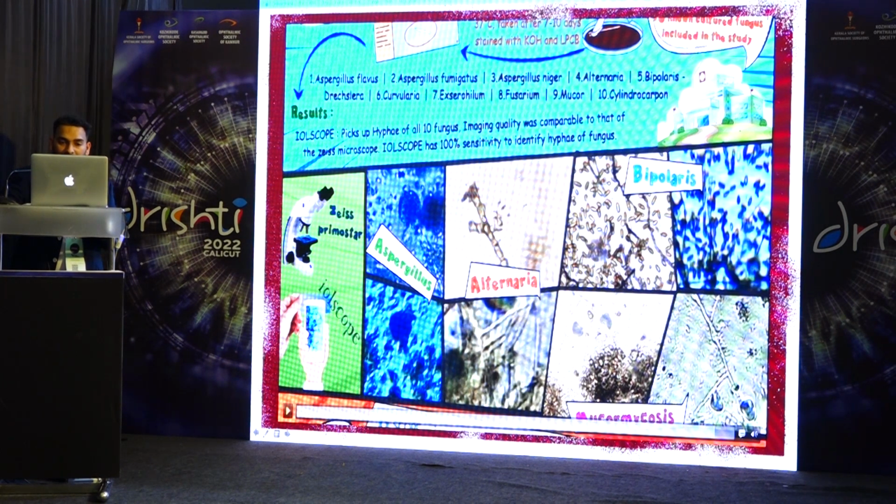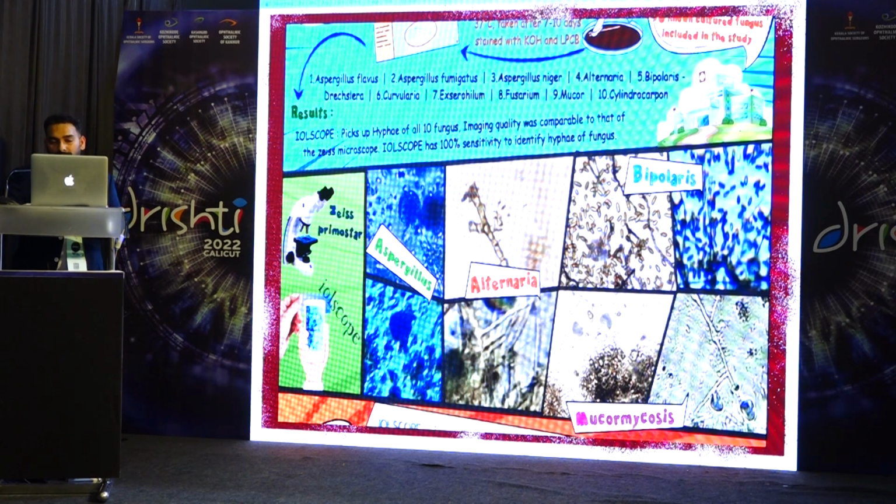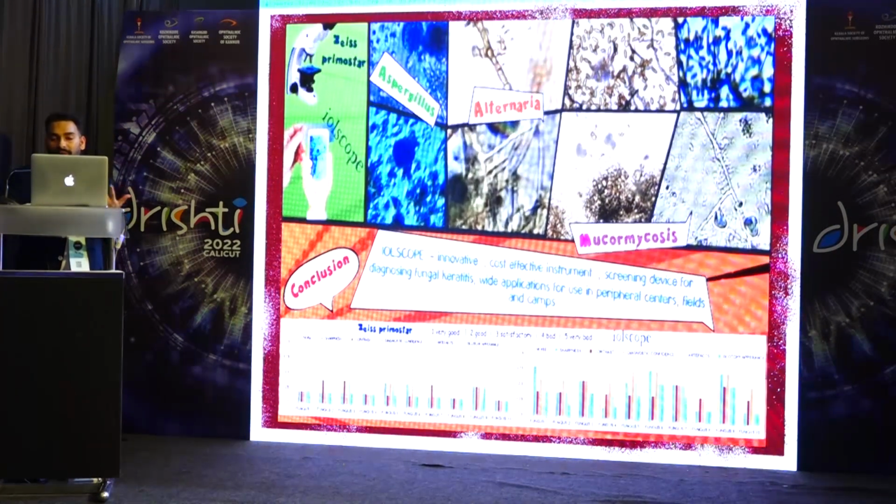This is Alternaria in microscope, and this is from the IOL scope. Bipolaris in microscope and IOL scope. And here mucormycosis. We compared the quality of images, and we found that the quality was good enough to understand if there is a hyphae or not.